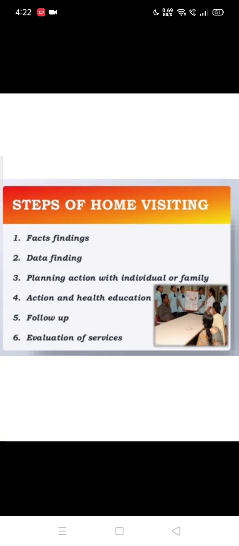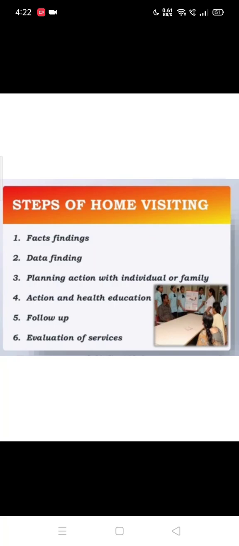First, in fact findings, you have to see which community, where is the location of the family. Which family you are going to visit, how many family members are there, sex, age of the patients, all those things you are going to collect.